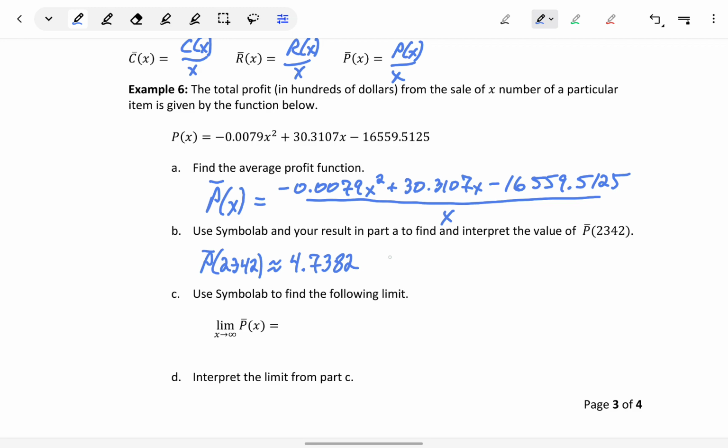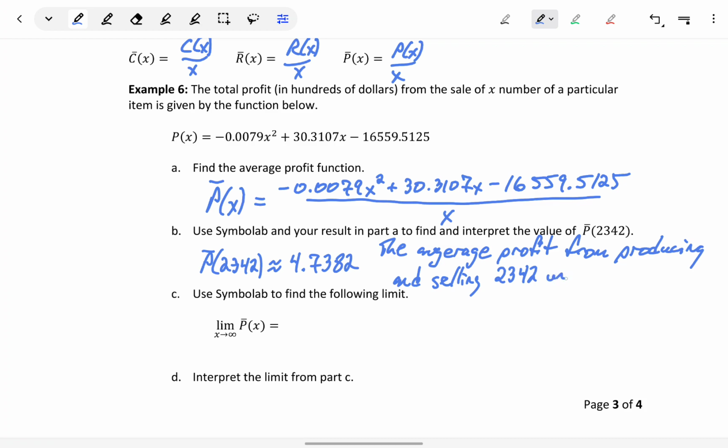And what this value is telling us is that the average profit from producing and selling 2,342 units will be $4.74, intuitively rounded to 2 decimal places.